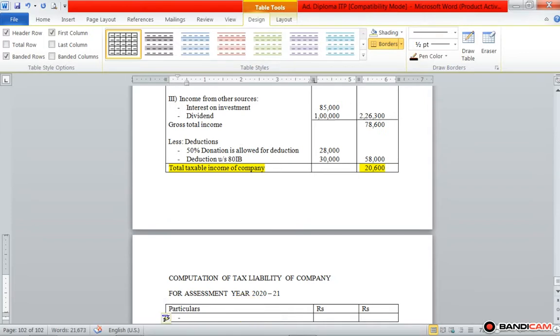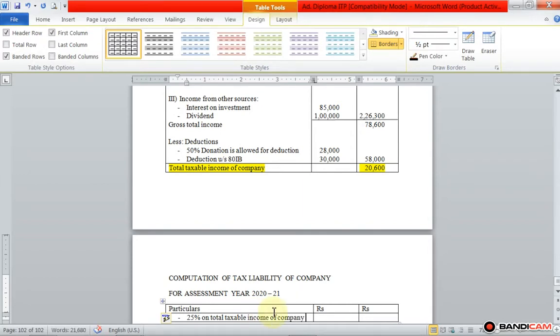Okay, so the tax rate for a domestic company is 25%. So 25% on total taxable income of the company.